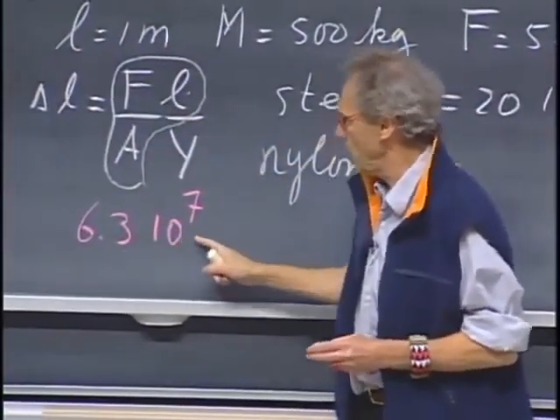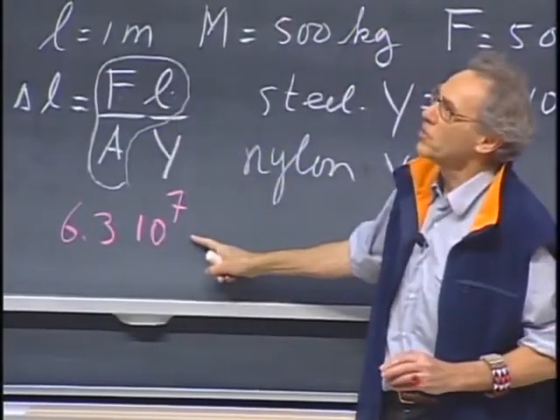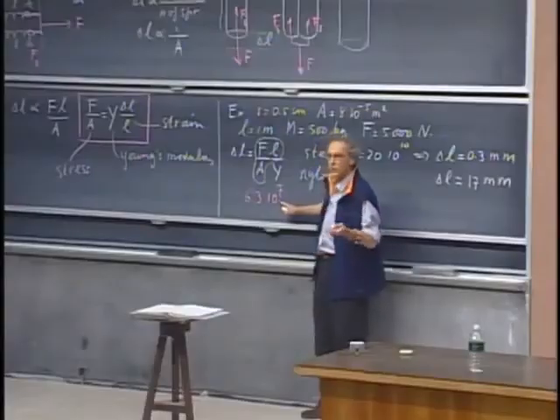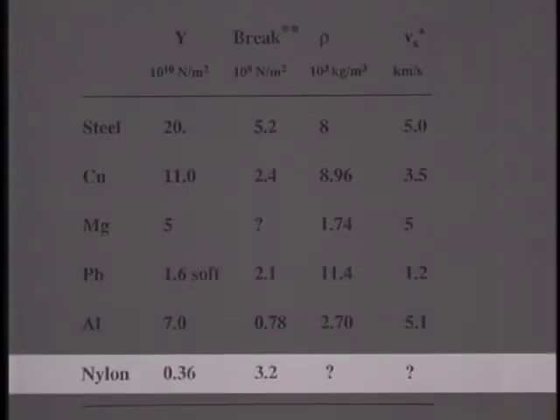If we take the case that we have here, the steel rod, for which F over A is 6.3 times 10 to the 7th, because L is 1, remember, then you can look there under steel, that it wouldn't break. We would be very safe, because it wouldn't break until F over A becomes 5 times 10 to the 8th. And so we're a factor of 10 away from that. There's no problem. Even nylon would be very safe, because that wouldn't break until the stress is 3 times 10 to the 8th.